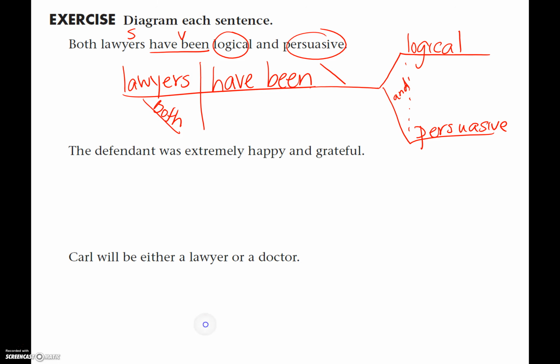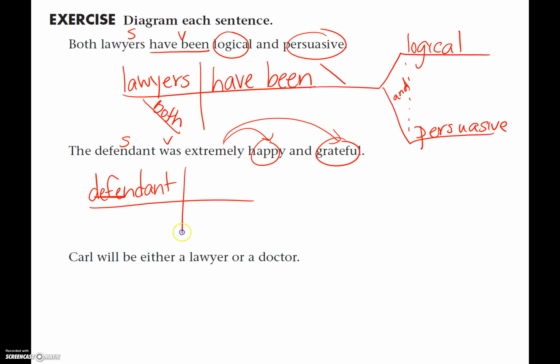In the second one, you have the defendant was happy and grateful. Extremely is describing both happy and grateful. So when we diagram this one, you have defendant was, but then when we get to the complement portion here, you're going to have to be careful again.